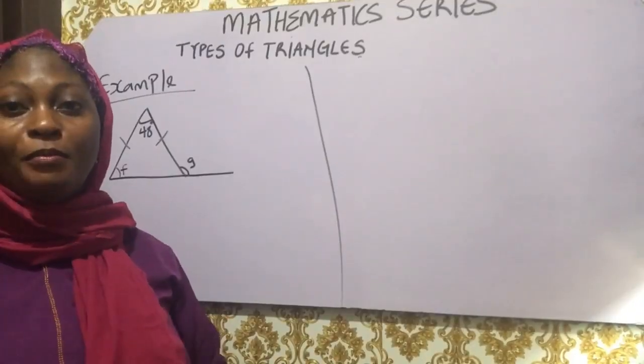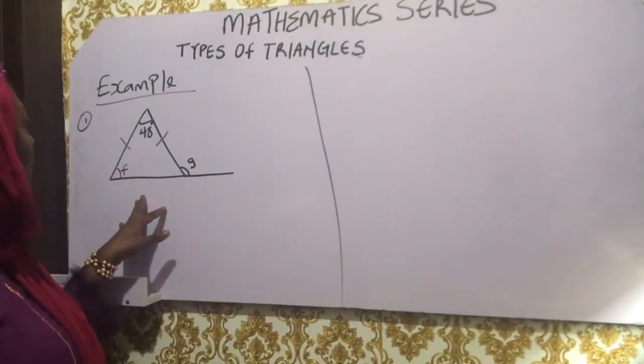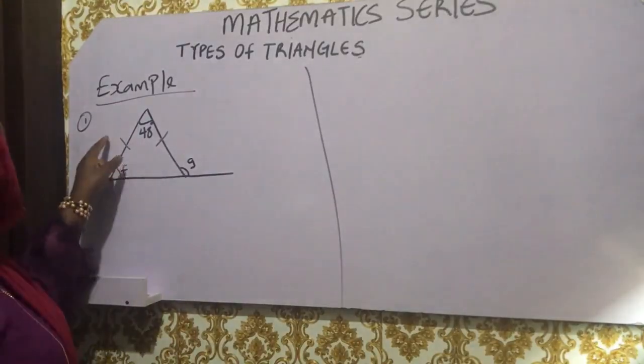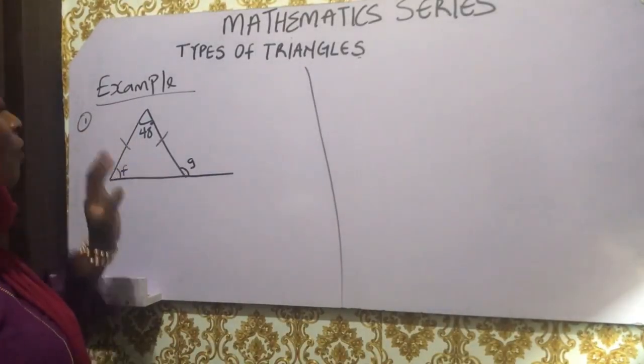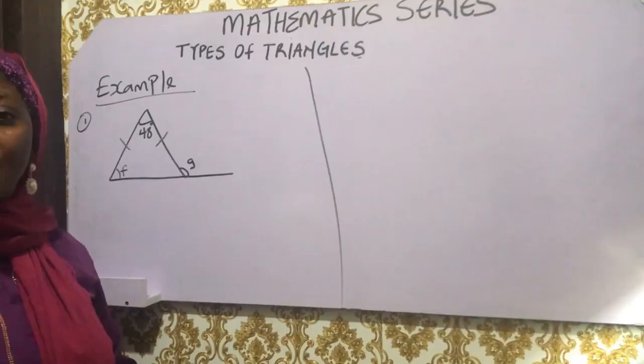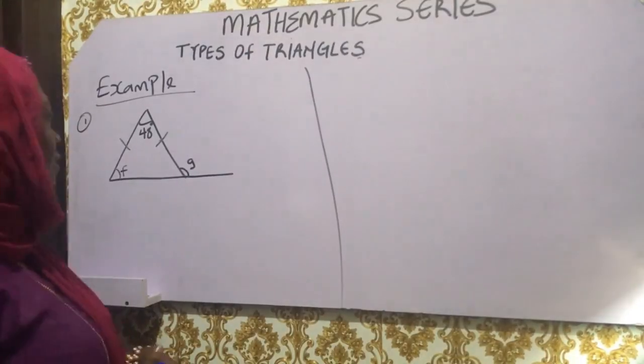Let's take an example based on what we just learned. In this question here, we have a triangle, and based on what we learned, when we see a triangle with this mark, we know it is an isosceles triangle. And an isosceles triangle is a triangle that has two equal angles and two equal sides. So let's see.